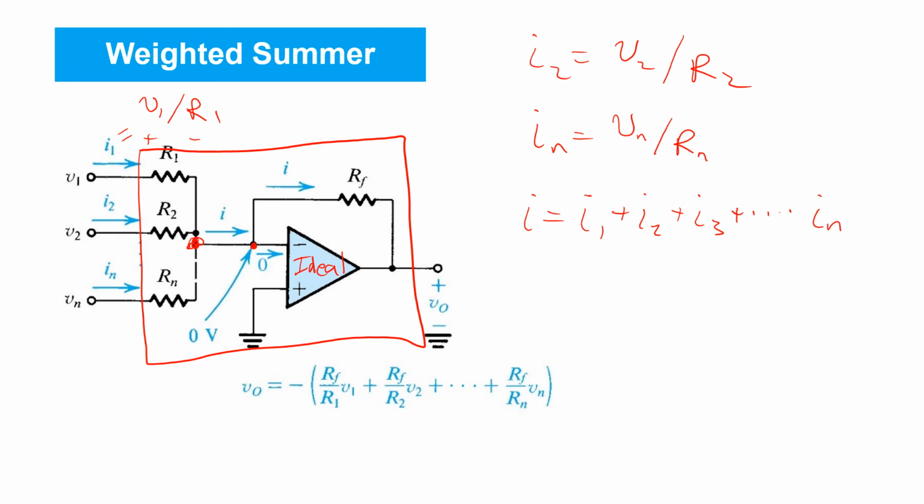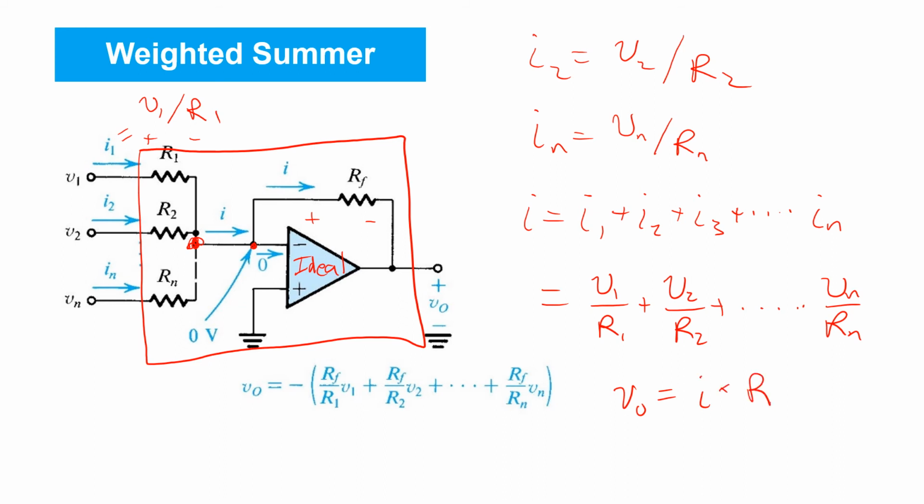And those input currents are, in turn, weighted versions of the input voltages, weighted by the resistance in each input branch, R1, R2, and so on. Finally, the output voltage is formed when the current I passes through resistor RF and produces a voltage drop across it.